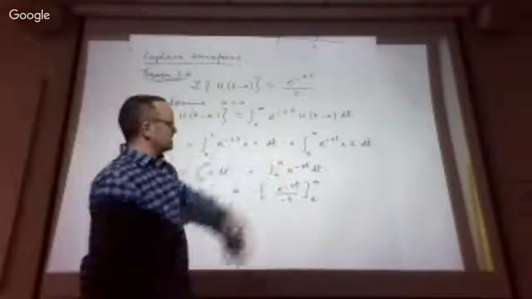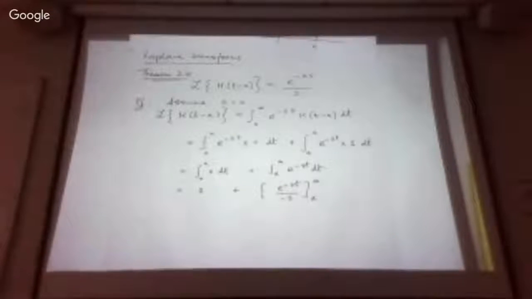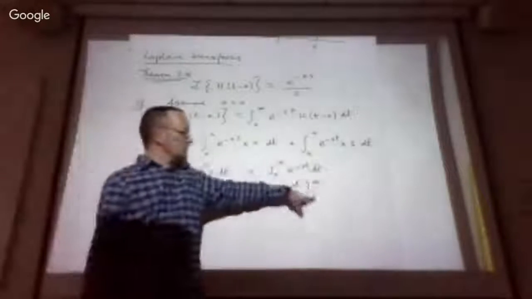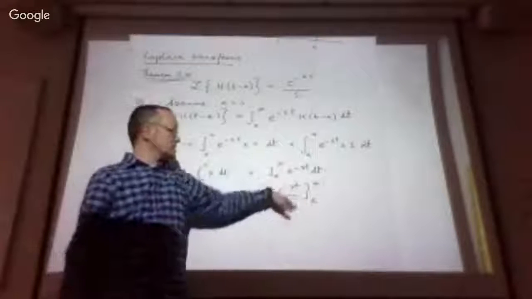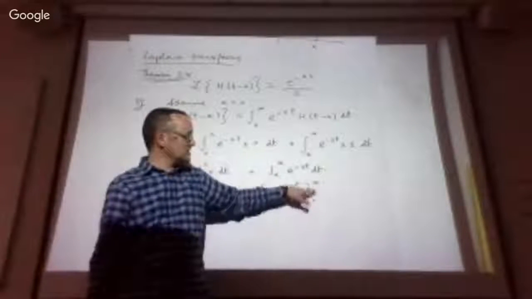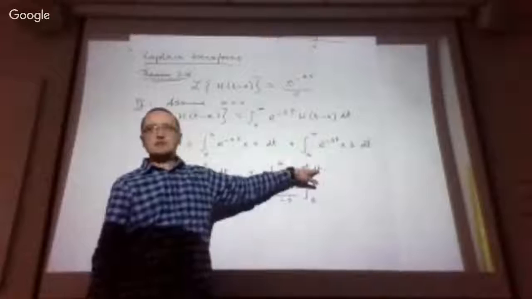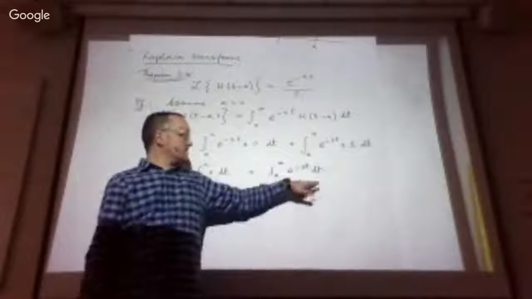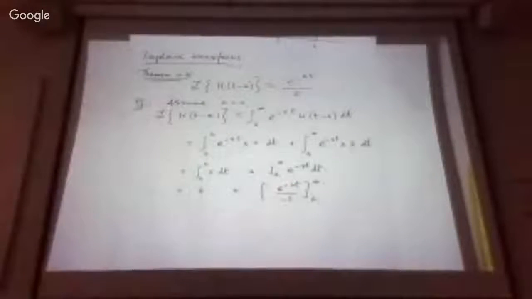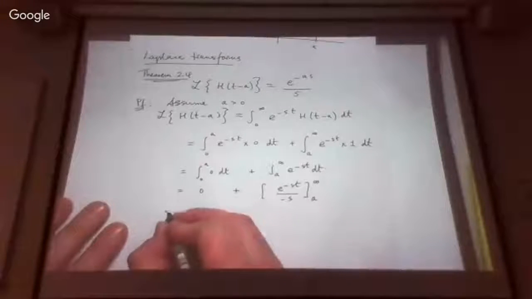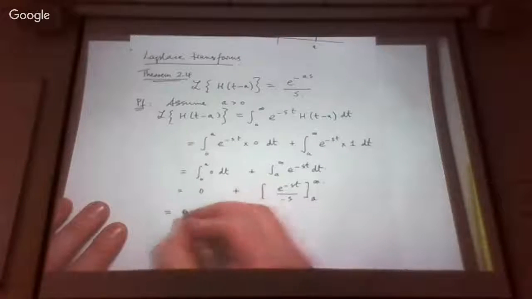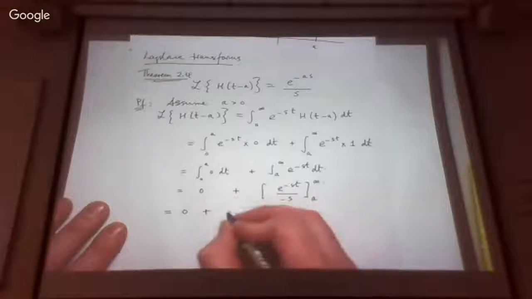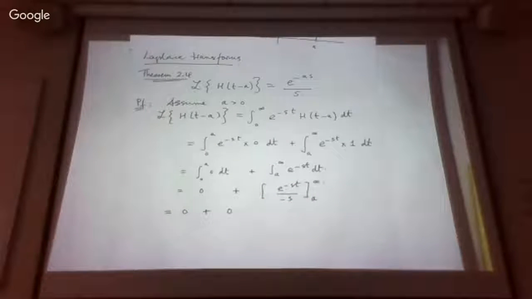We just integrated this with respect to t between these limits a and infinity. So you need to do the evaluation here. This means take the limit of this expression as t goes to infinity. Remember, these are limits for t. You just integrated with respect to t. So as t goes to infinity, provided the real part of s is positive, that e to the minus st will go to 0.